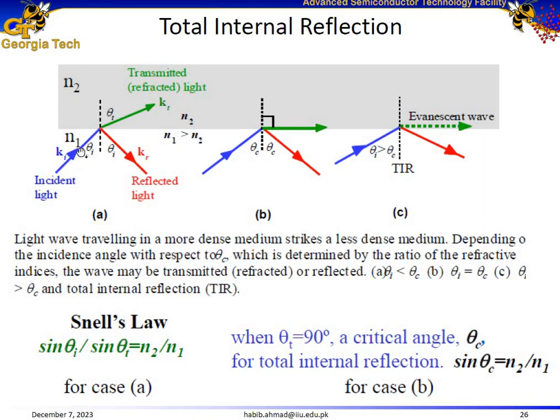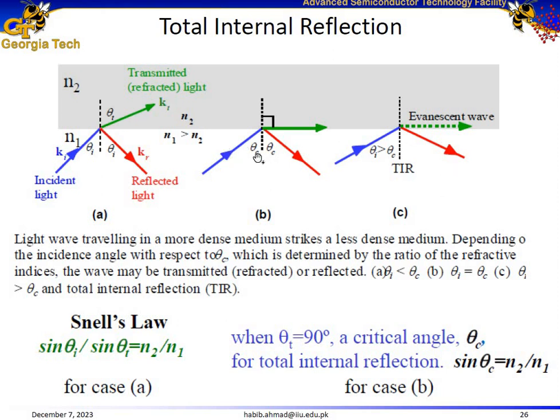So this incident light, generated as a result of the recombination of electrons and holes, makes an angle theta I with respect to the vertical axis. If this theta I is smaller than a certain critical angle, then this light would escape the semiconductor into the outer environment. It's going to be transmitted to the second medium.